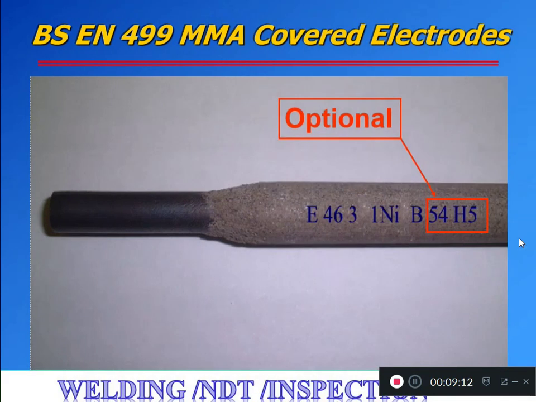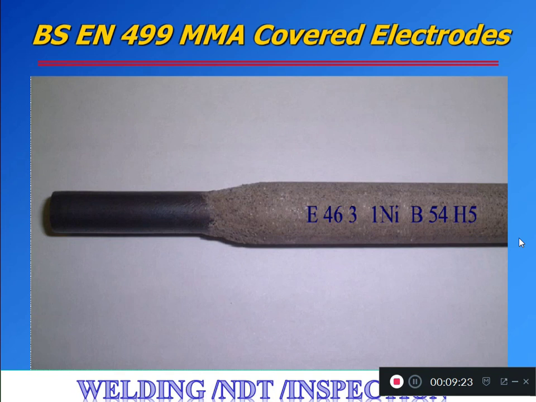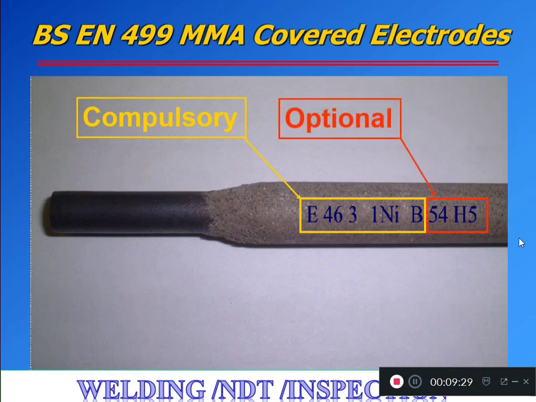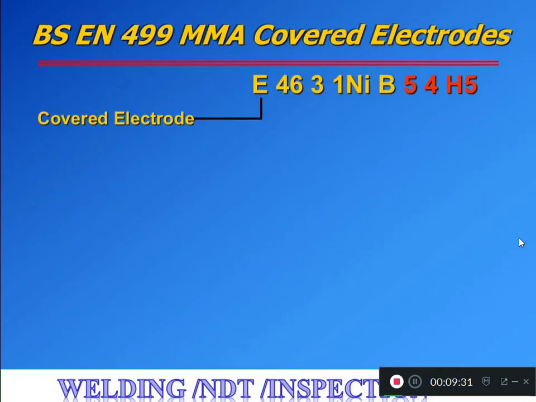But 54H5 is optional, required or not as per manufacturer recommendation. It can be added by the manufacturer, but it is not necessary. So this part is compulsory and this is optional. What is the meaning?